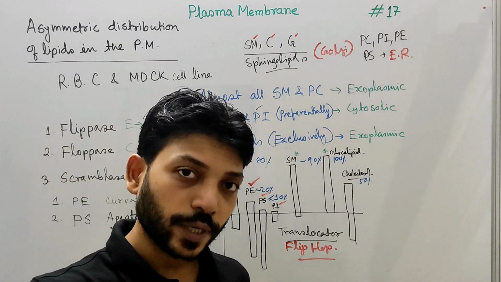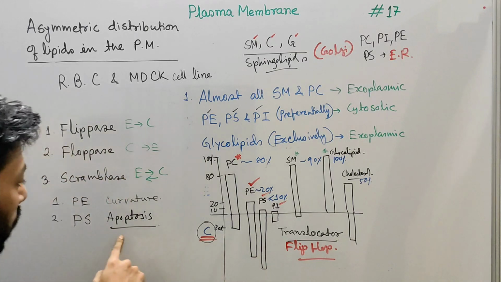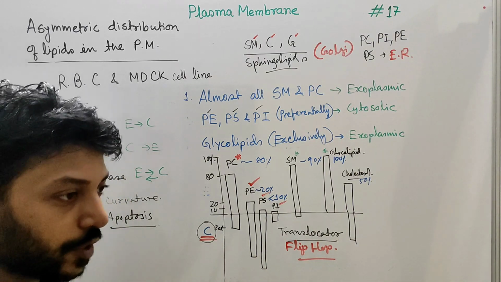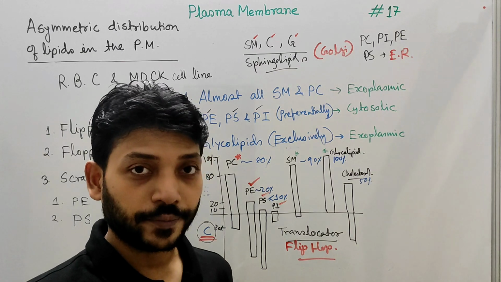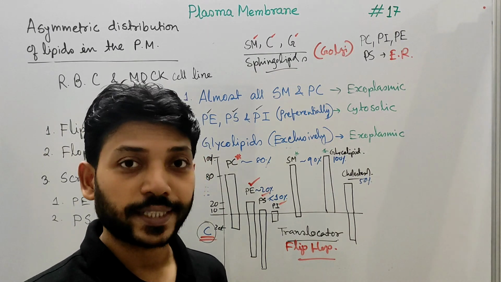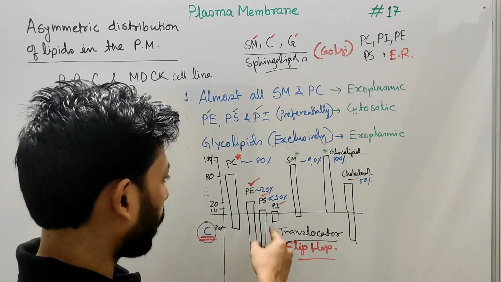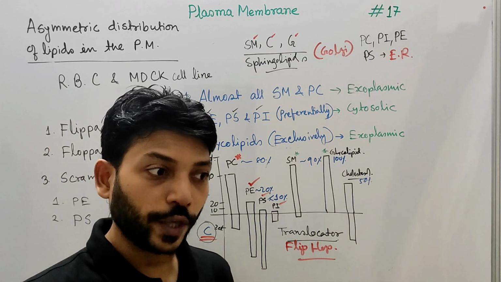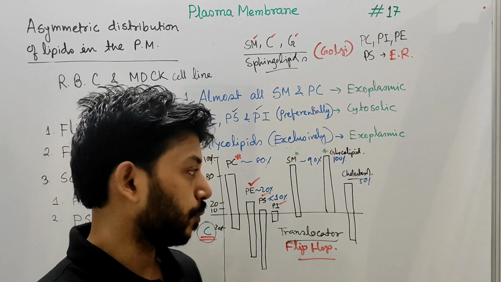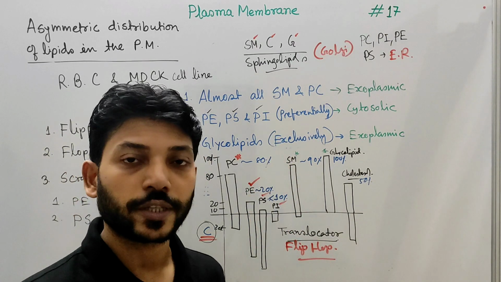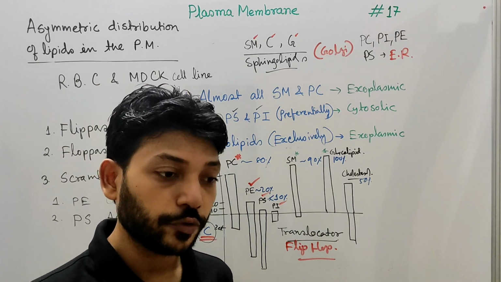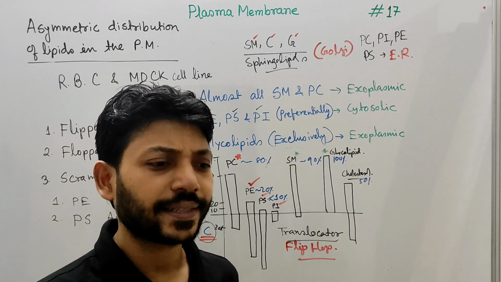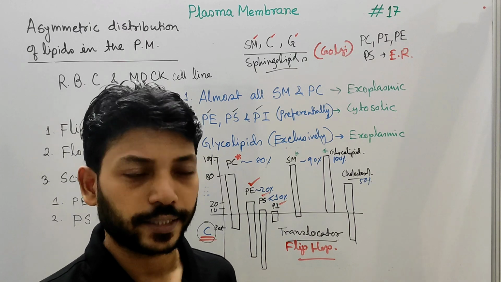This enzyme helps to migrate or flip-flop this phosphatidylserine from the cytosolic leaflet to the exoplasmic leaflet. Now, in normal cells, phosphatidylserine is not present in the exoplasmic leaflet. Very low amount, less than 10%. So when the amount of phosphatidylserine increases to more than 10, 20, 30%, then macrophages and phagocytic cells in the immune system can identify that there is some problem inside the cells.